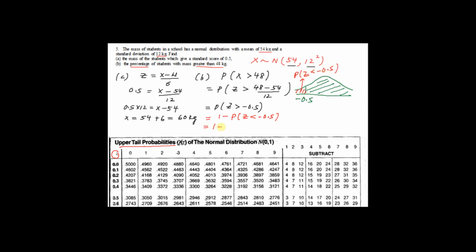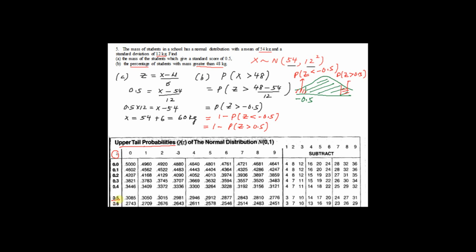This equals 1 minus probability z more than 0.5. Remember I told you, because of the symmetrical nature, probability z less than negative 0.5 is the same as probability z more than 0.5. So now you can find this probability in your table.